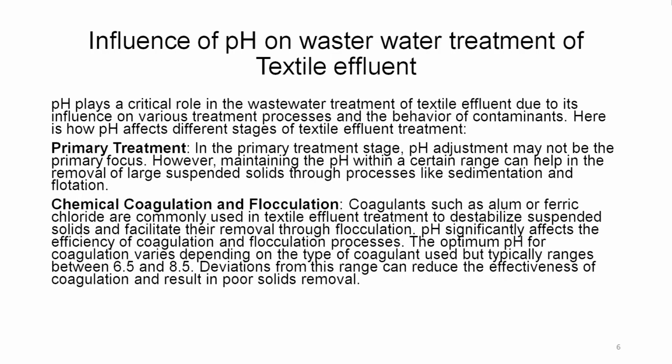Deviation from this range can reduce the effectiveness of coagulation and result in poor solid removal. So, you see, for coagulation it is necessary to adjust the pH between 6.5 to 8.5. Otherwise, the coagulant will not be very effective.